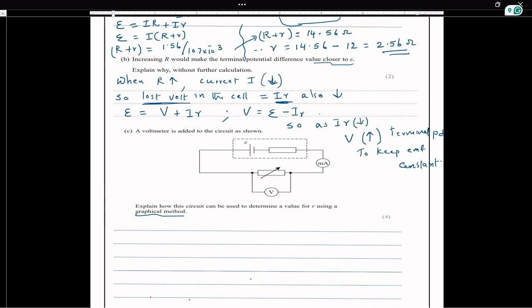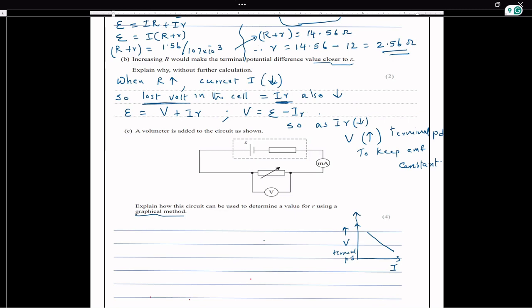So we have already studied the graph relating the current and the terminal PD V. Terminal PD, this is terminal PD. And we have seen that this graph is a line sloping down.